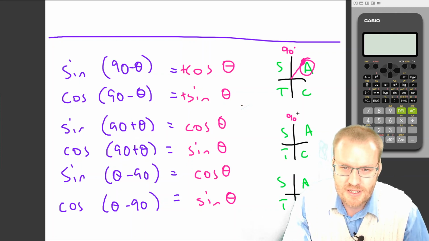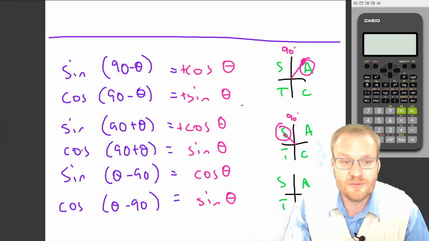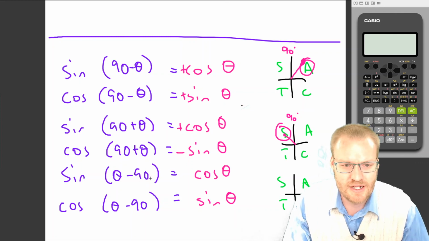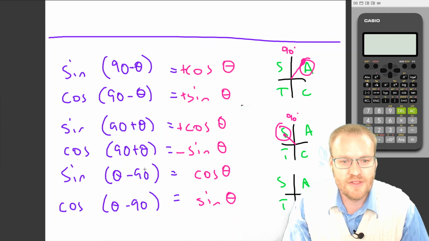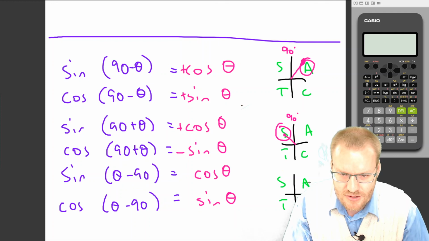90 plus theta. Which quadrant are we working in? Well, here's 90. We've added theta. We're in the second quadrant. Is sine positive or negative? Positive. Is cos positive or negative? Negative. Okay, sine of theta minus 90. Which quadrant are we working in when we're going theta minus 90? Well, here's theta in this quadrant, and we've subtracted 90, so we've gone down into this quadrant.